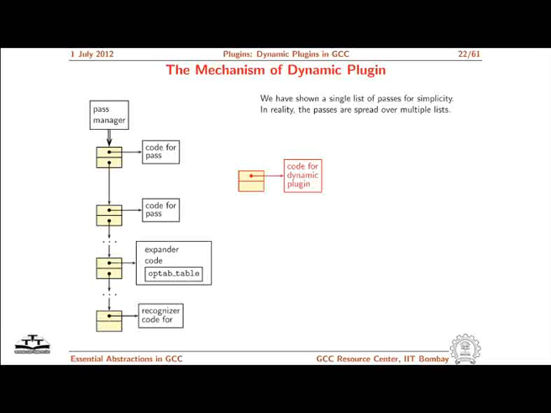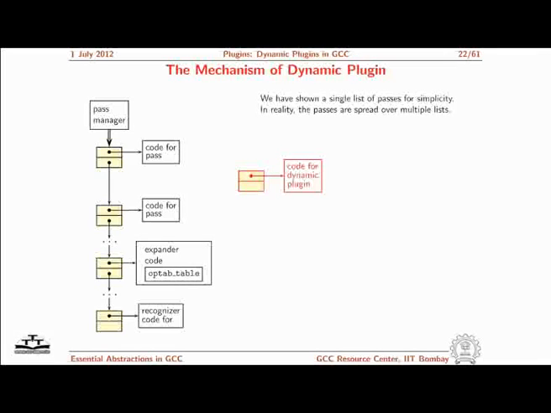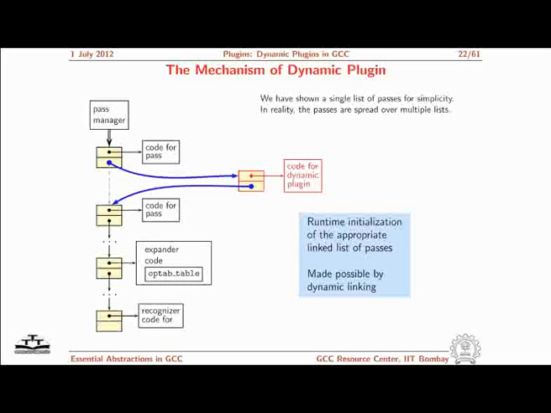All that I want is that somehow this structure has to come into this list, and that's where my first programming experience, the first year course of programming, helps. All that I need is something that sets up pointers like this at runtime. A dynamic plugin mechanism in GCC is just this.